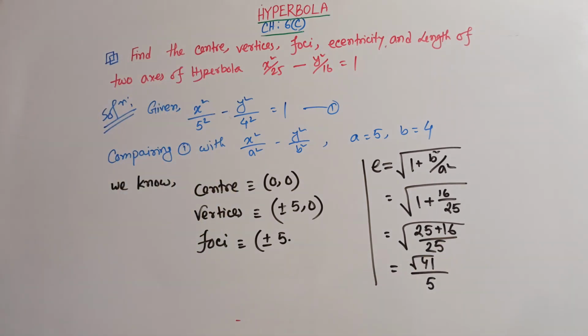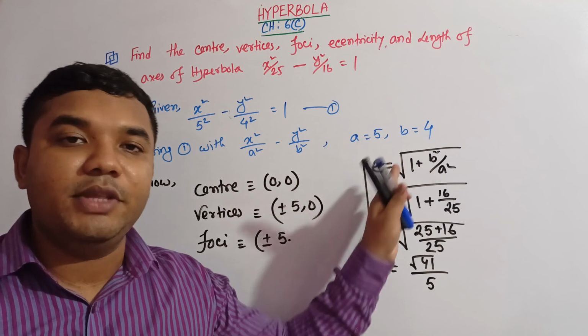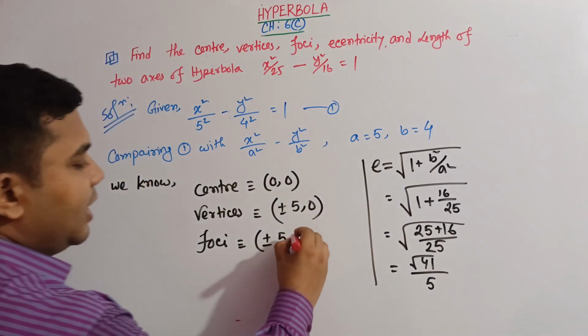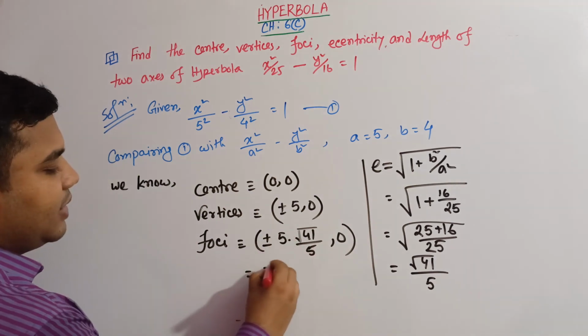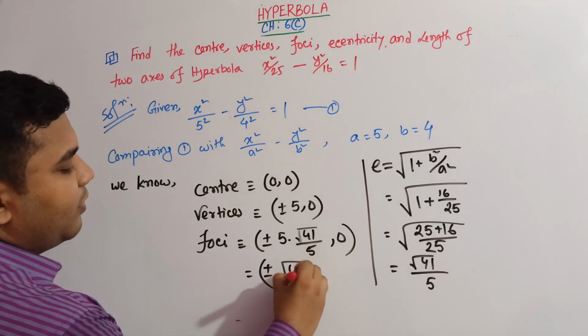Okay, so root over 41 by 5 is the value of the eccentricity, so the foci should be plus minus root over 41 comma 0, as the 5 cancels.